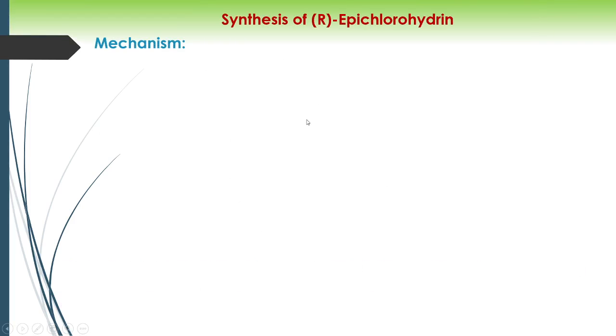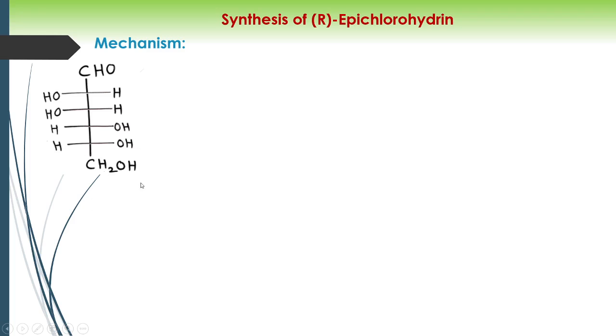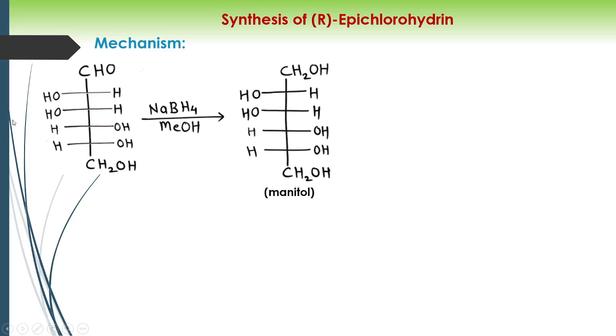See the synthesis of R-epichlorohydrin first. Here we have D-mannose. This is the structure for D-mannose, and our first reagent is NaBH4, sodium borohydride, in presence of methanol, and it will convert into this mannitol.